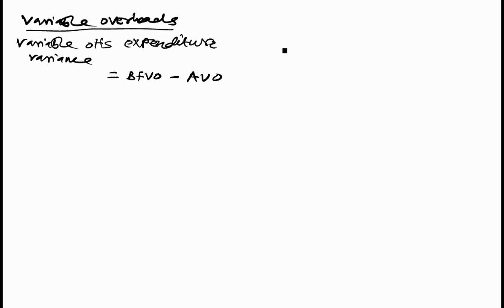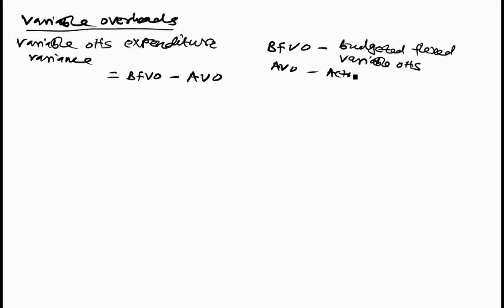So maybe I can write the meaning of those abbreviations. BFVO means budgeted flexed variable overheads, and AVO is actual variable overheads.